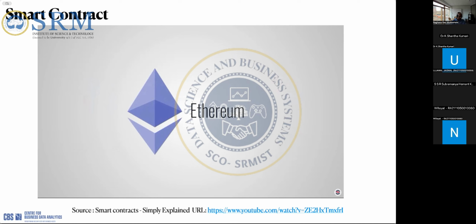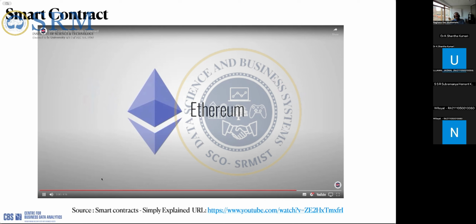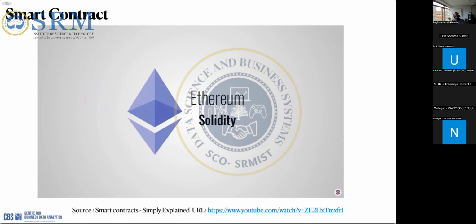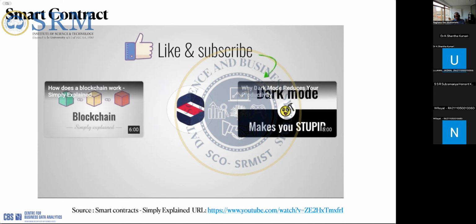It was specifically created and designed to support smart contracts. Smart contracts can be programmed in a special programming language called Solidity. This language was specifically created for Ethereum and uses a syntax that resembles JavaScript. It's also worth noting that Bitcoin also has support for smart contracts, although it's a lot more limited compared to Ethereum. So now you know what smart contracts are and what problems they solve.